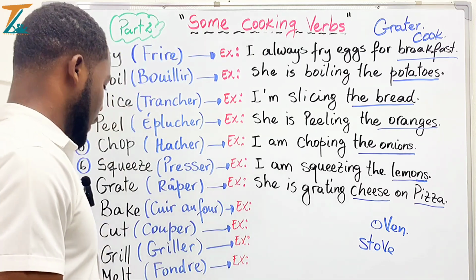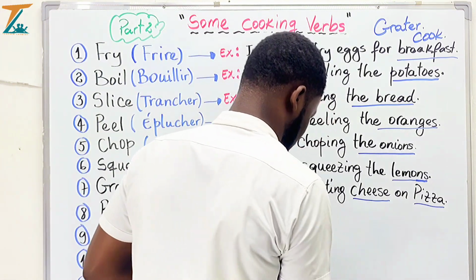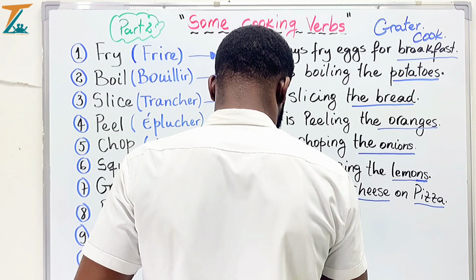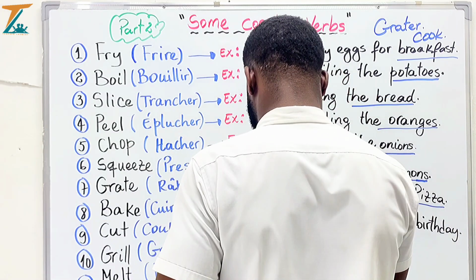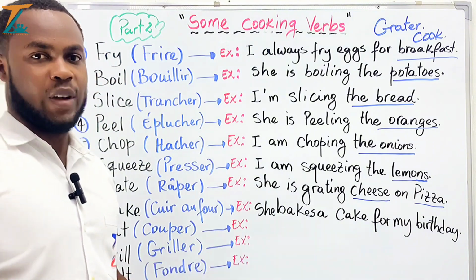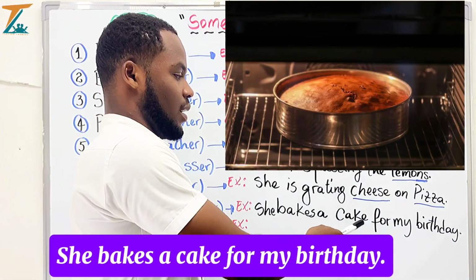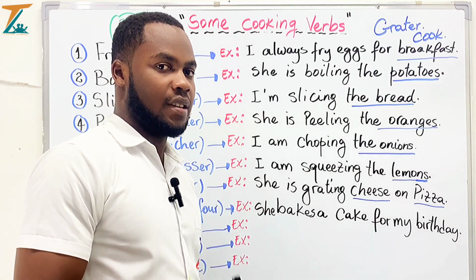All right. Okay. So let's take this example. We have this sentence. She bakes a cake for my birthday.